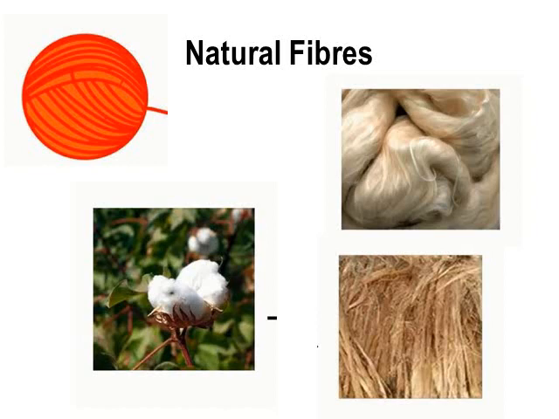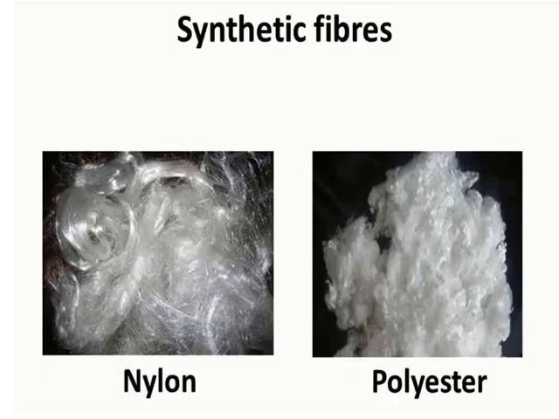These fibers are called natural fibers. Another category of fibers is man-made fibers, also called synthetic fibers. These are prepared from chemical compounds. A few examples are nylon and polyester. Try to find out how they are formed.